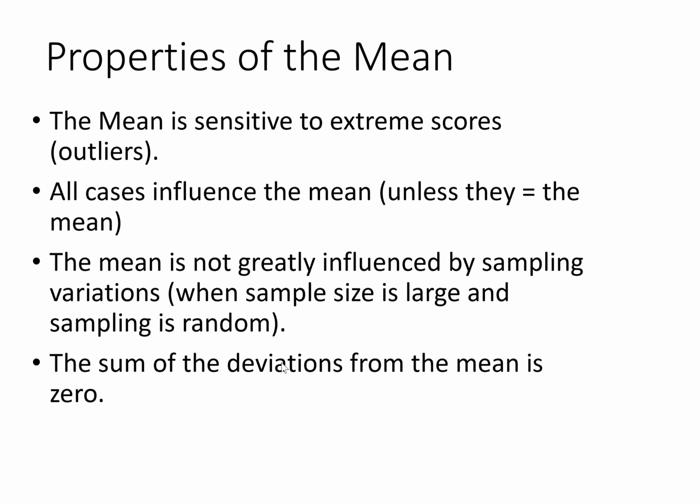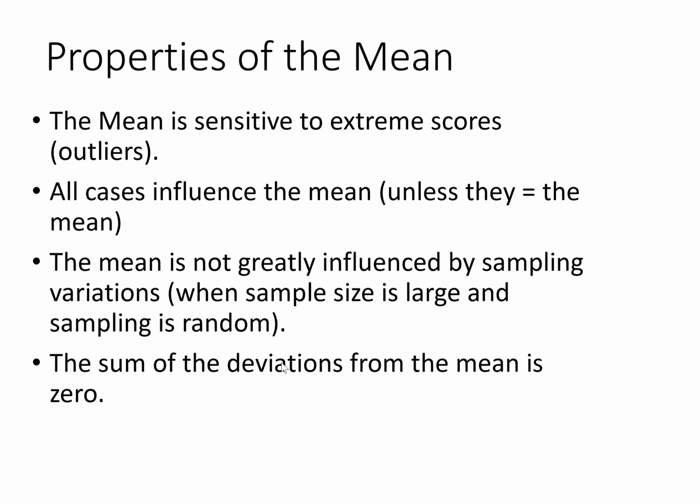One reason the mean is a very popular measure of central tendency is because it's not greatly influenced by sampling variation. So if we were to sample repeatedly from a population with a relatively large sample and sampling at random, we would see that there is a predictable shape and a predictable amount of variability in those sample means.